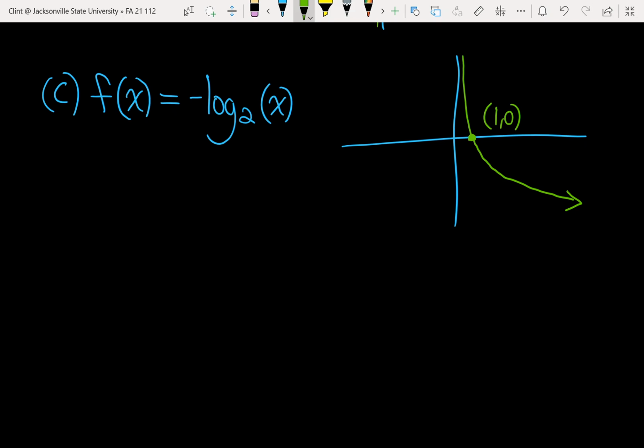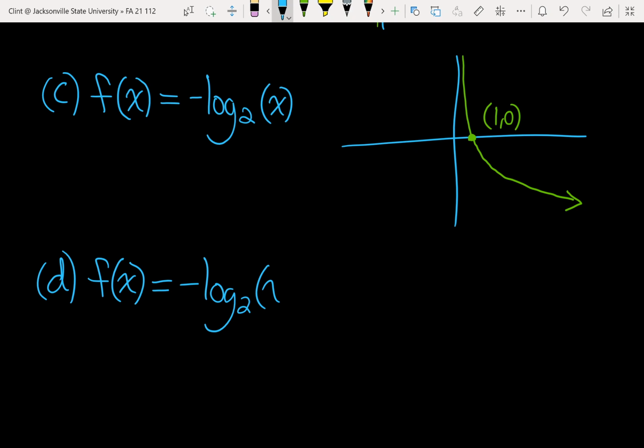And then the last one, we're going to have both minus signs in there. These are the ones you have to think a little bit hard on sometimes. So negative log of negative x.